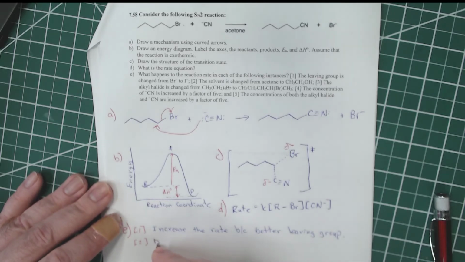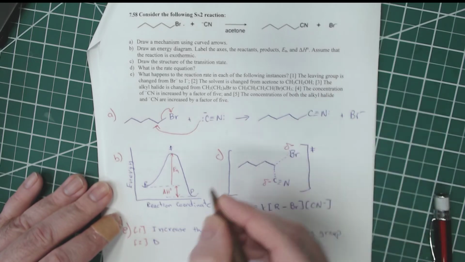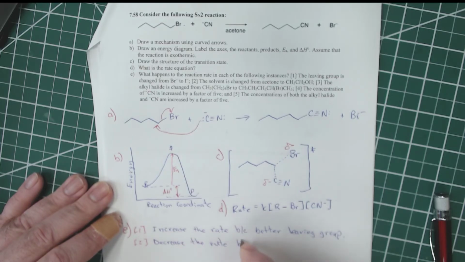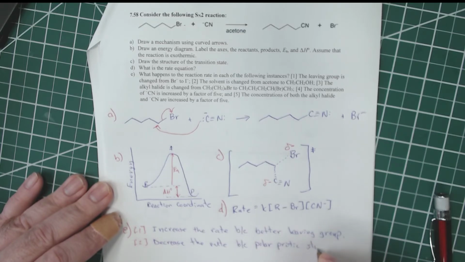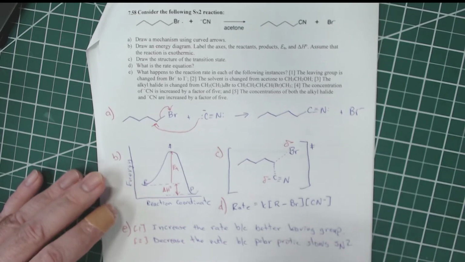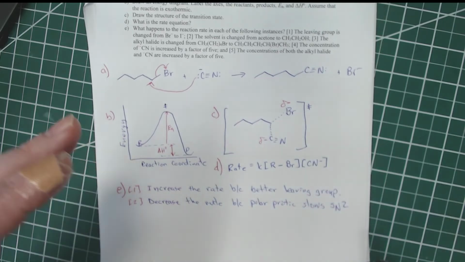So in this case, ethanol is polar protic. All right, so polar protic will slow SN2. And we'll talk about that in more detail here in just a bit.